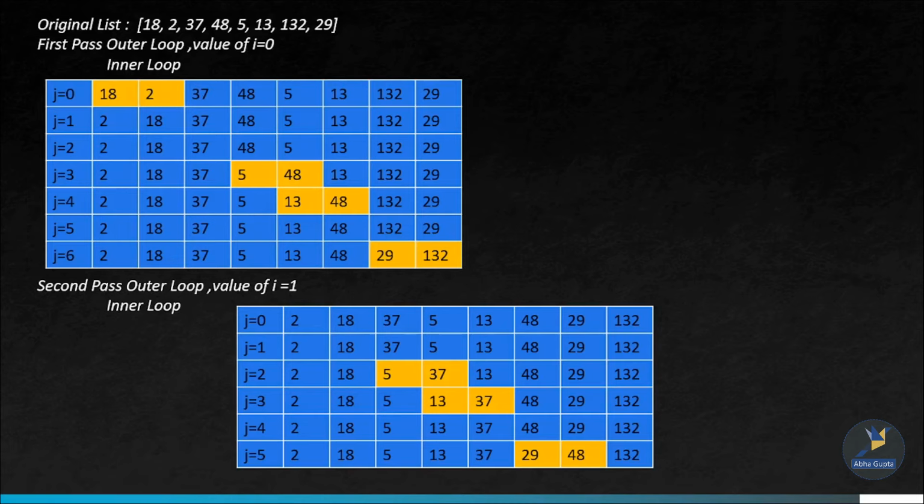The process goes on till the last element of the list. In each iteration, the same process of swapping and placing the elements at the correct positions takes place till the last unsorted element is placed at the correct position.